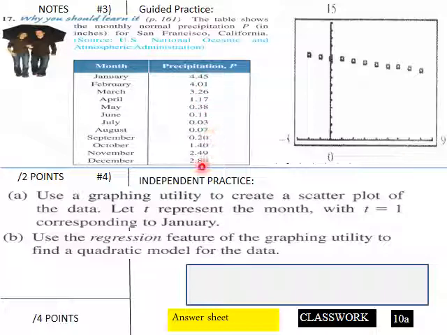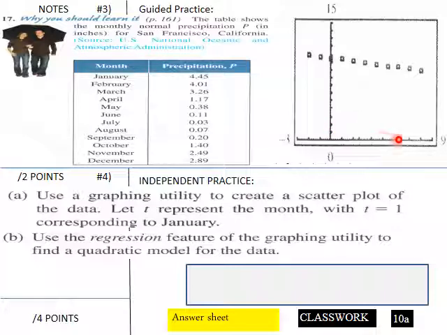precipitation. B, use the regression feature of the graphing utility to find a quadratic model for the data. So here is your plot. We started over here because, see, January, February. Okay, I don't understand. I think it would start here.